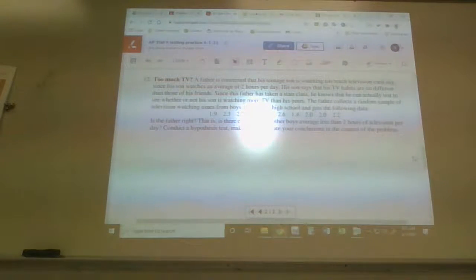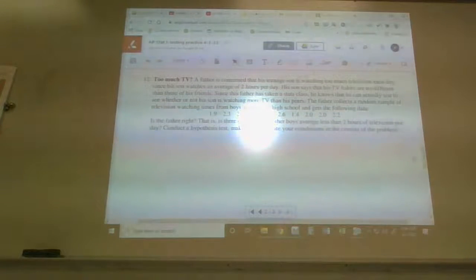A father is concerned that his teenage son is watching too much television each day. Since his son watches an average of 2 hours per day, his son says that his TV habits are no different than those of his friends. Since this father has taken a stats class, he knows that he can actually test to see whether or not his son is watching more TV than his peers.